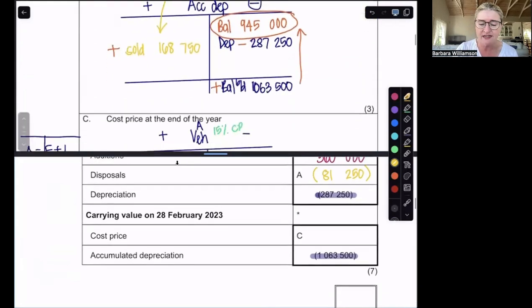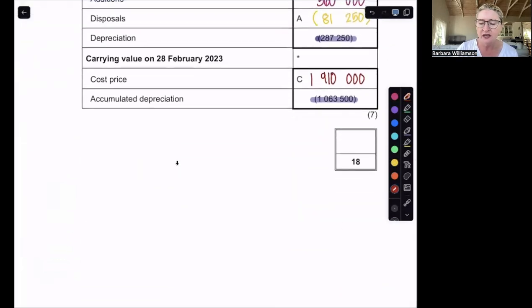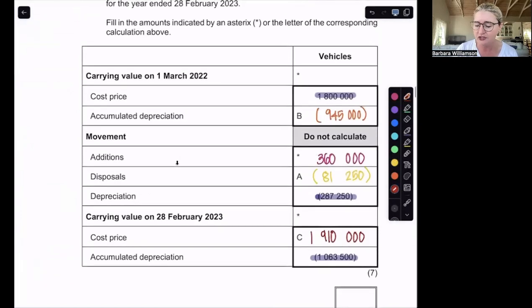The cost price at the end, you can simply use the balance that you worked out in your vehicles account. And then all you need to do is work out the carrying values at the beginning and the end. At the beginning, your 1,800,000 minus 945,000 will give you 855,000.